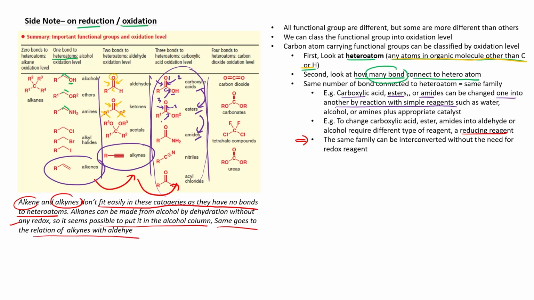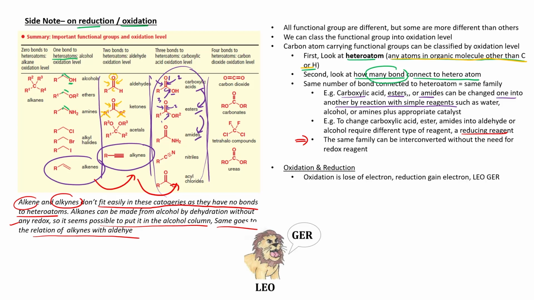Okay, so oxidation and reduction by themselves: oxidation is loss of electrons, reduction is gain of electrons. Some people use the mnemonic Leo the lion says grr. Leo: lose electron means oxidation, gain electron means reduction. Just a mnemonic.